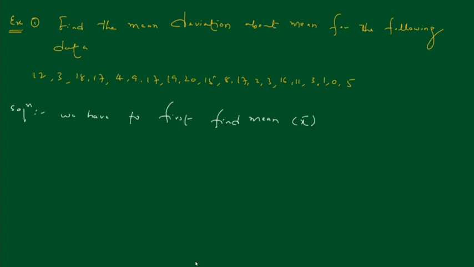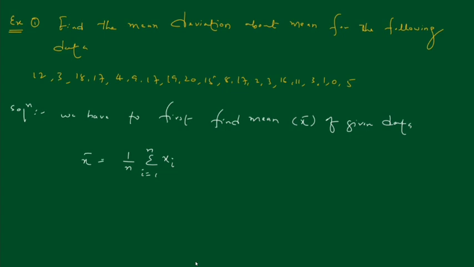Already you know the x bar value. It is nothing but x bar equals 1 by n summation i equals 1 to n xi, right?